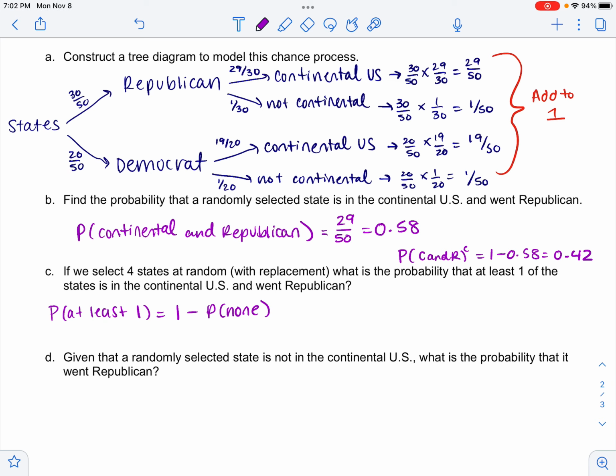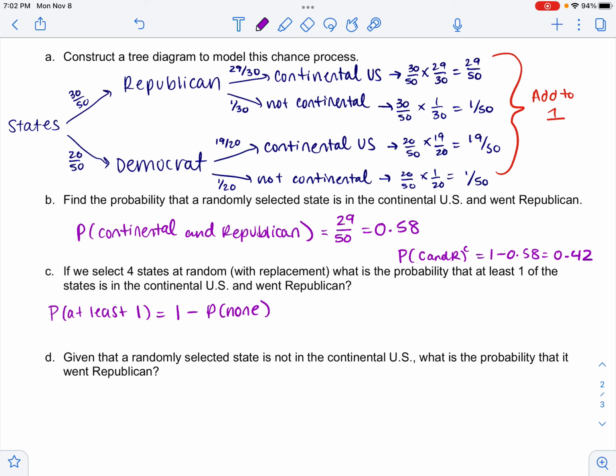All right, sorry guys, I just had to pause, so I don't quite remember what I was saying, but let me just go over that again. So in part C, I'm finding the probability of at least one, so that at least one state is in the continental US and went Republican. And in part B, we just found the probability of a state being in the continental US and it goes Republican.